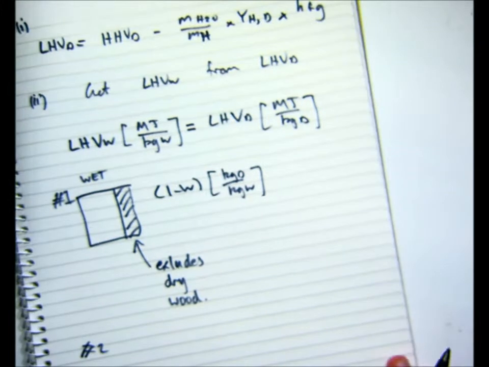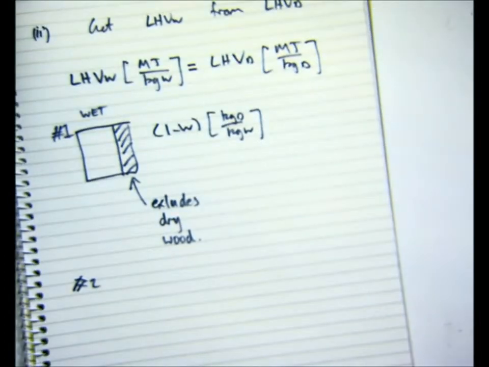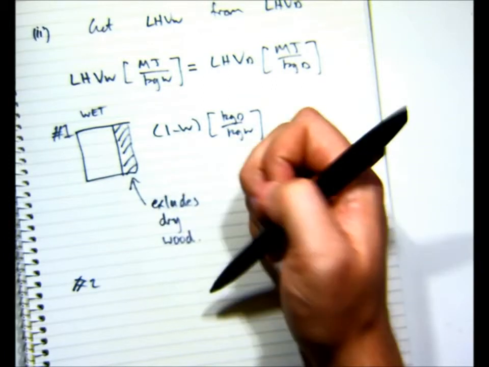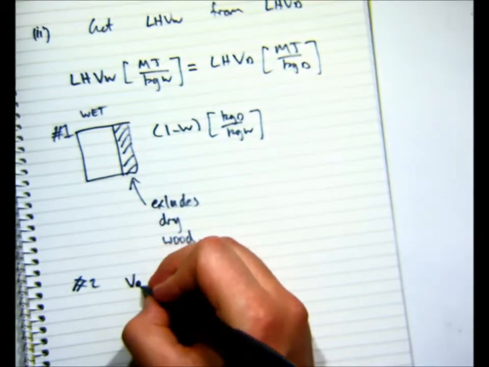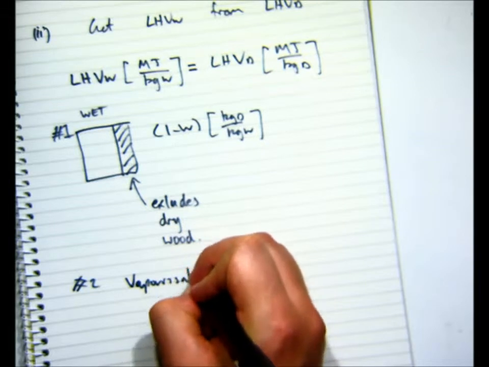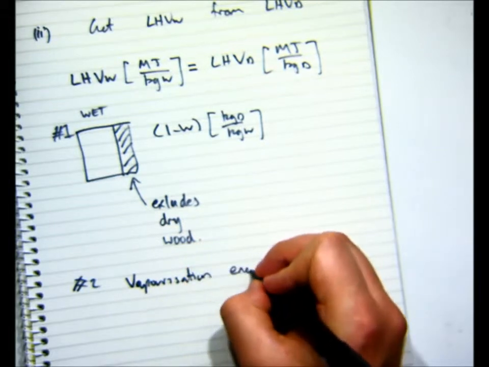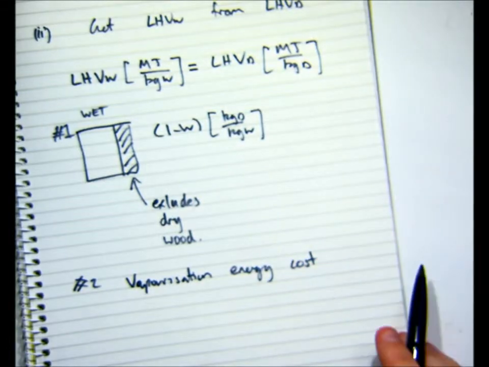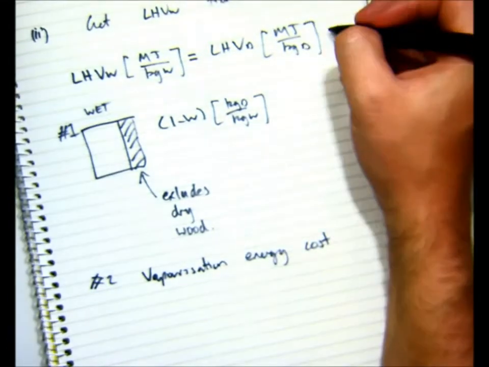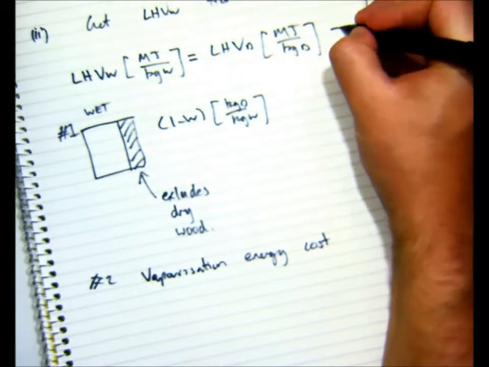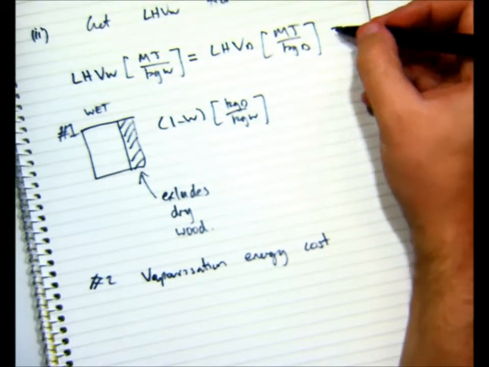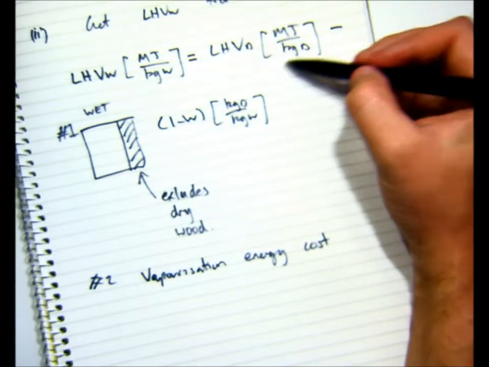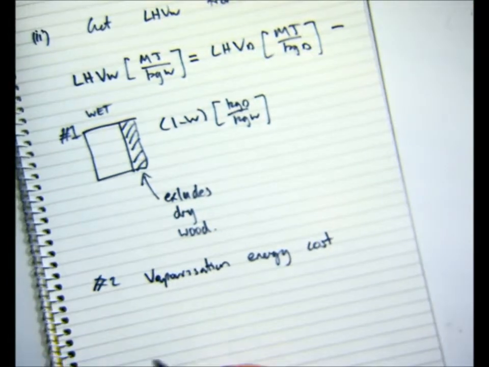The second loss mechanism is the fact that you have to actually evaporate this water before the combustion can proceed. So there's a vaporization energy cost. Okay, so to go back to where we were up here, we're going to be minus some other term, but we also see that this term here doesn't have the correct unit, so let's just write it out again.